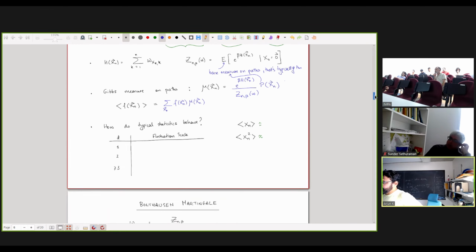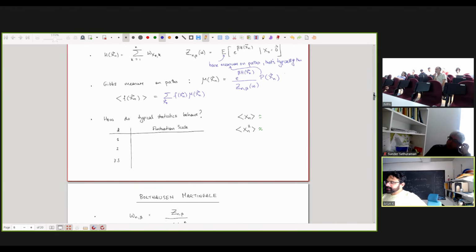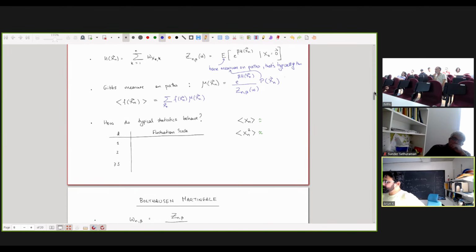Okay, so how do these typical statistics behave? They were described by Imbrie and Spencer. So the usual statistics you'll consider here are the endpoint of the polymer under the Gibbs measure.